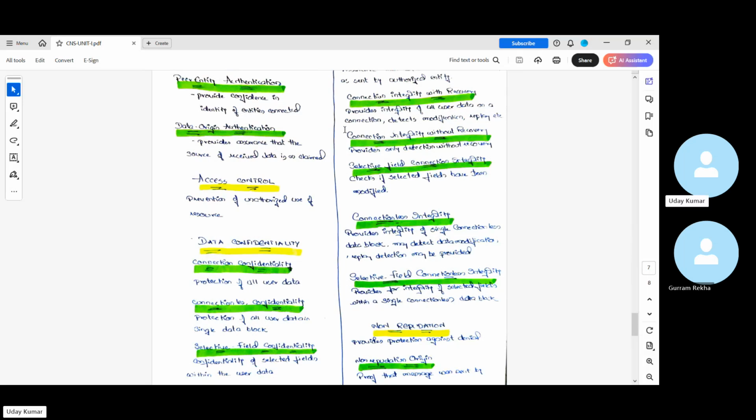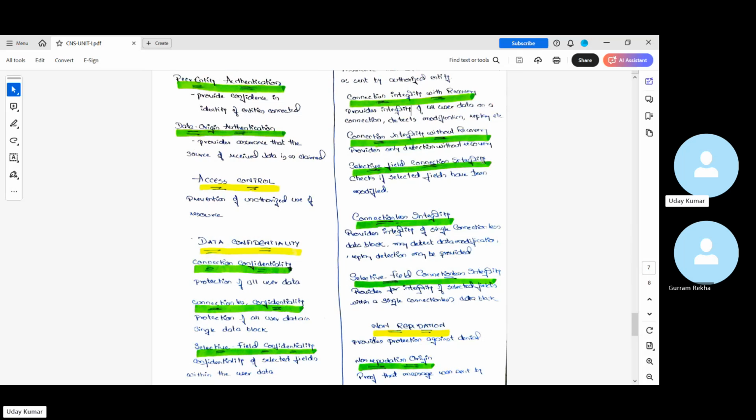In that case you can go for without recovery, because the data in the application is dummy data, so you should not be worried if it is changed or lost. But if the application is deployed and all the users are using it for real, then you should go for connection integrity with recovery.